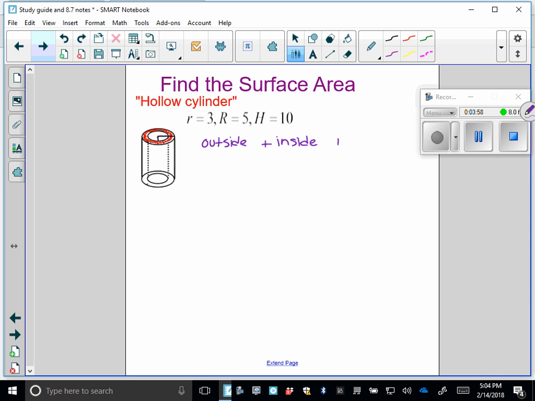And then we have the surface area of the top and the bottom. So the outside is just a rectangle when you unfold this.